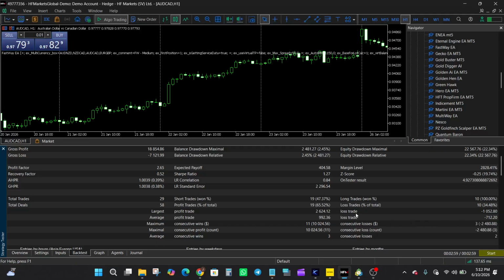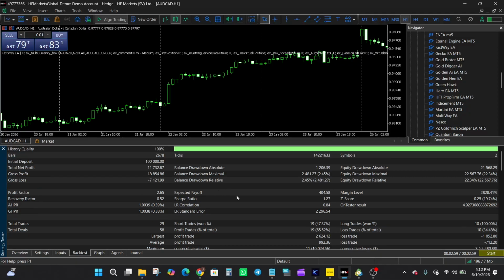This tells me that the risk to reward ratio is fair, but it's not really good enough, because it's not even up to 1 to 1.5 on average, right? Judging from the average profit and average loss. Okay, but all things considered, it's not really surprising to see a total net profit of over 11% over 5 months.